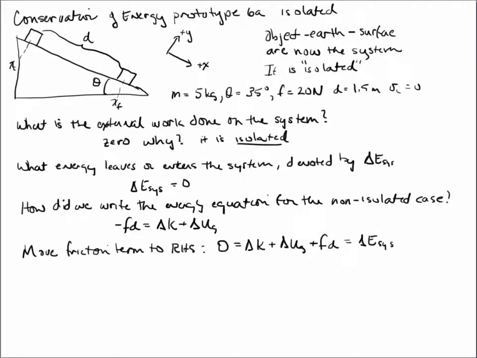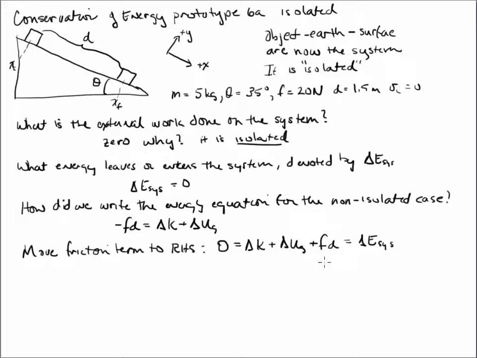Let's move the friction term to the right-hand side. Now we have 0 representing external work equal to the change in kinetic energy plus the change in gravitational potential energy plus a new term related to the friction that we call internal energy.